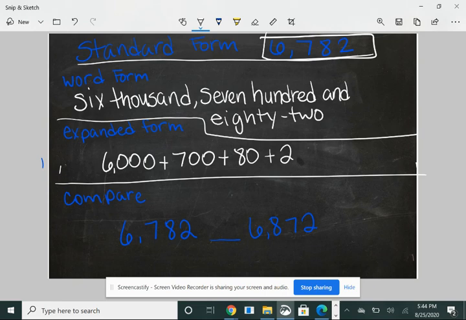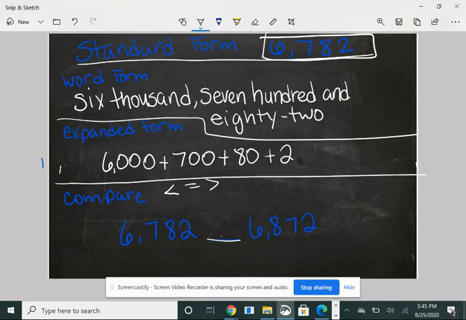Okay, the next thing I'm going to do is I'm going to compare these two numbers down here. And you'll also have these in your Google Doc, and it does have a little underline, and what you're going to do is you're just going to click there and you're going to type in. When we compare, we use these symbols. Okay, we're going to use those symbols to see which one is greater than, or which one is less than, or maybe they're equal to.